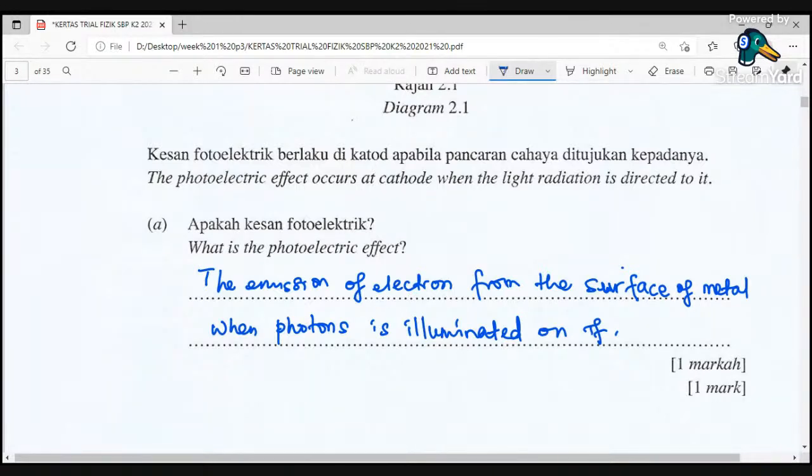Or you can mention it another way around. When photons are shone onto the surface of metal, electron is emitted from the surface of metal. It's okay.